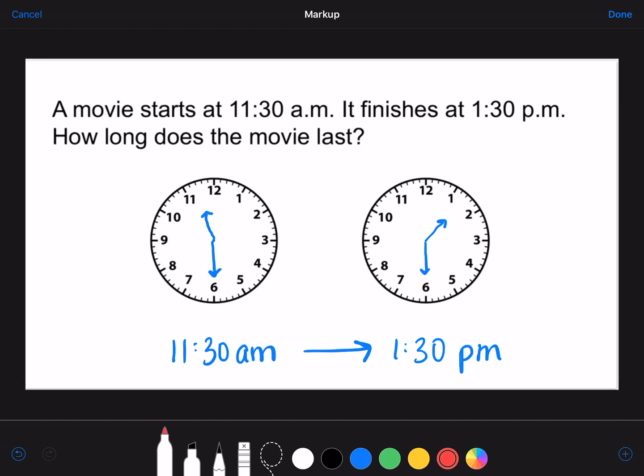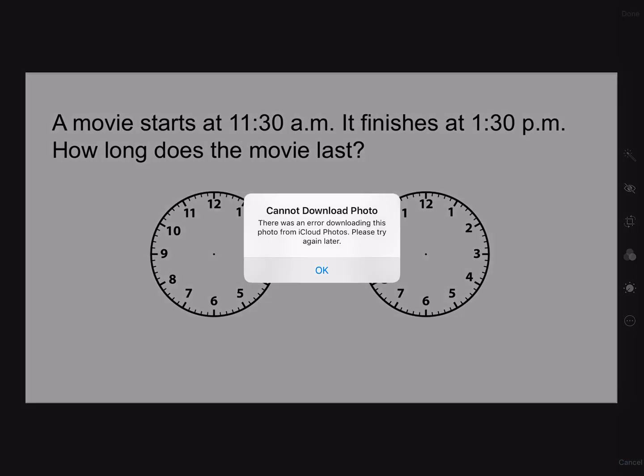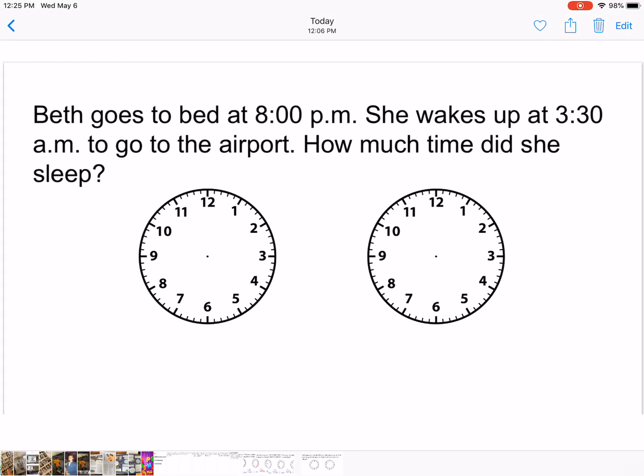So I think from 11 to 12 is 1 hour, 12 to 1 is another hour. So this would be plus 2 hours, or the elapsed time would be 2 hours.